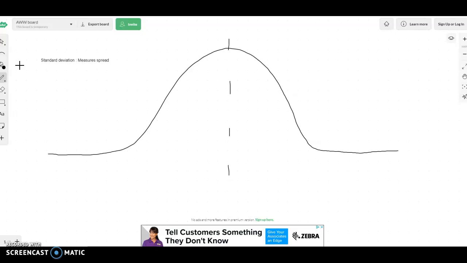So when we are one standard deviation away, what that means is 68% of the data lies within one standard deviation away. So let's mark that down.